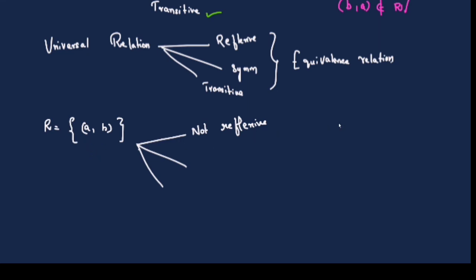If AB is not there, then we say it is symmetric. If you cannot take AB from there, then we say it is symmetric. But you are able to take AB. AB is there, but do you have BA? No. So it is not symmetric.